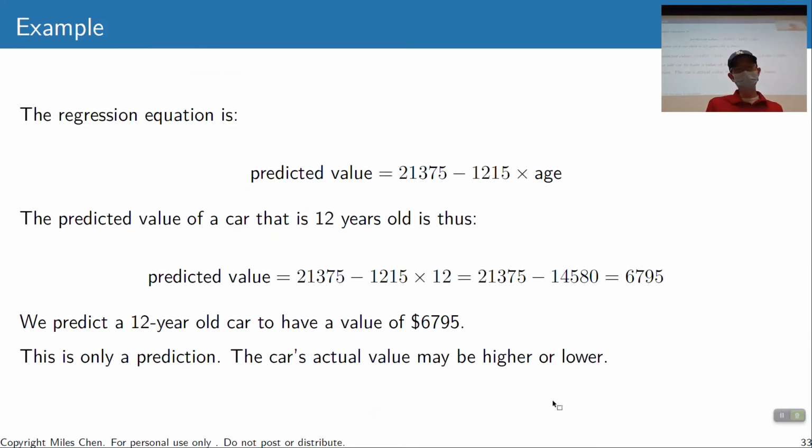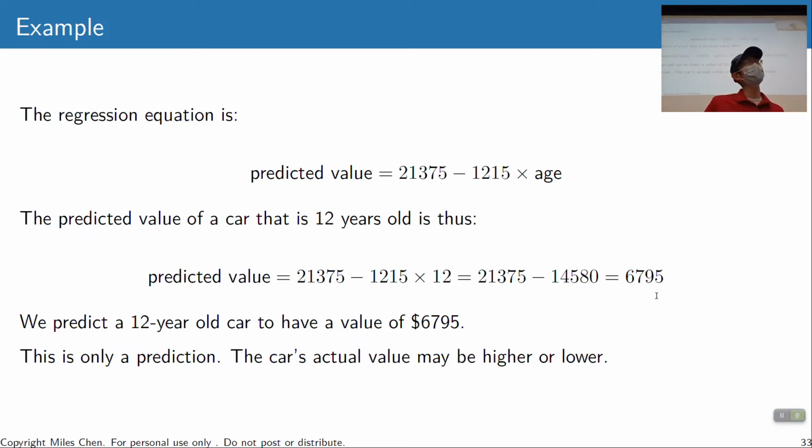So if we plug in 12 years, it's 21,375 minus 1215 times 12. 1215 times 12 is 14,580, and you get 6,795. So a 12-year-old vehicle, I guess that's a 2010, has a value of maybe 6,795.